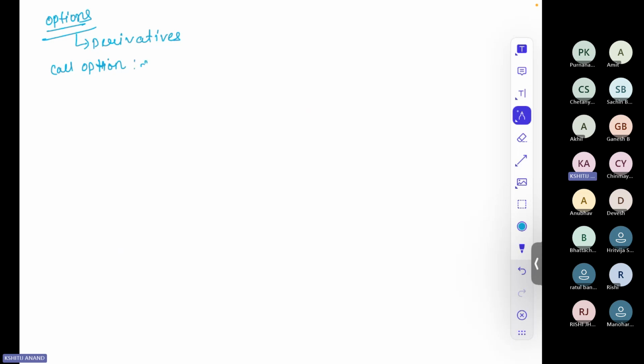So we are making quite an assumption because we are discussing European option right now. The European option is something that has a strike price and time to maturity, right? So what does strike price mean? So what is a call option?